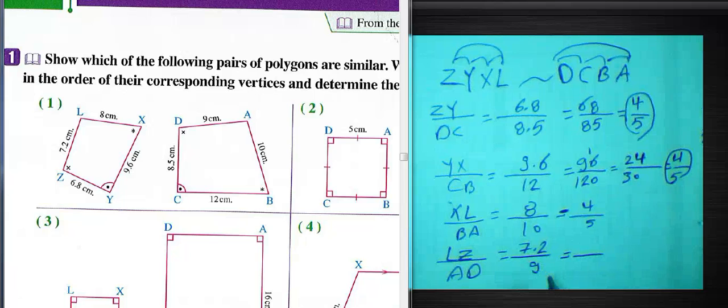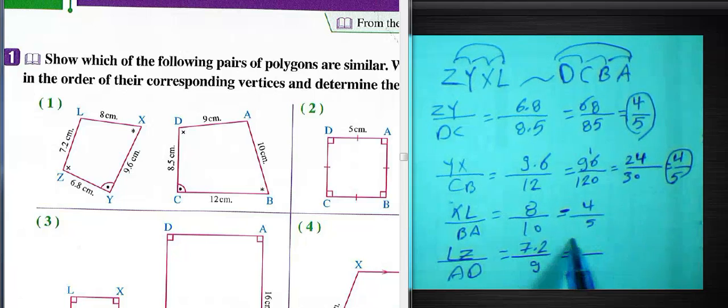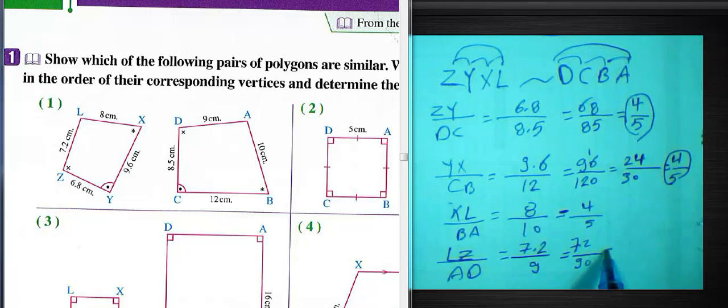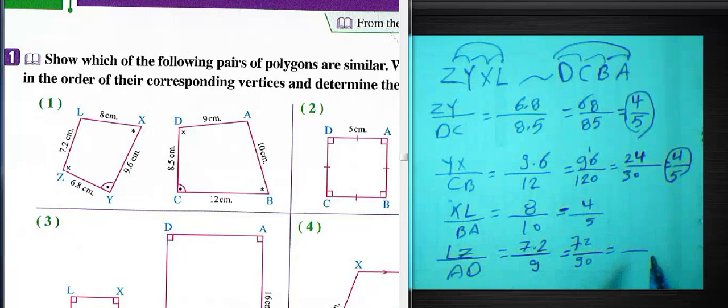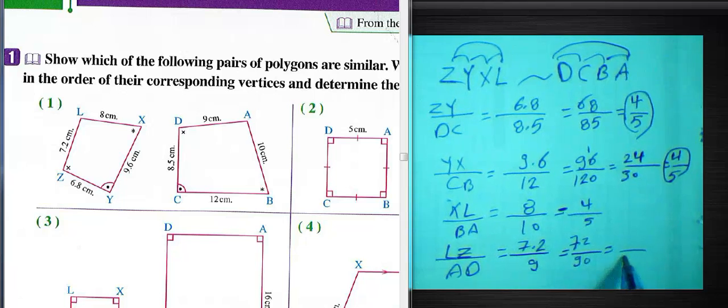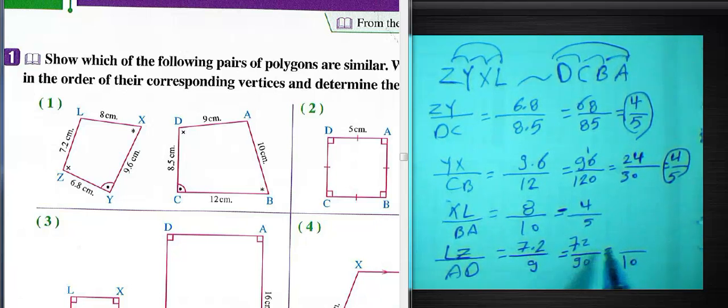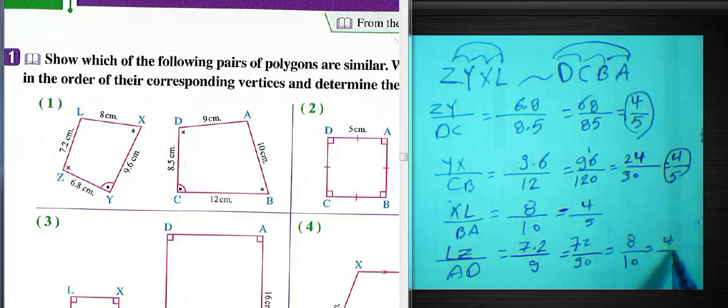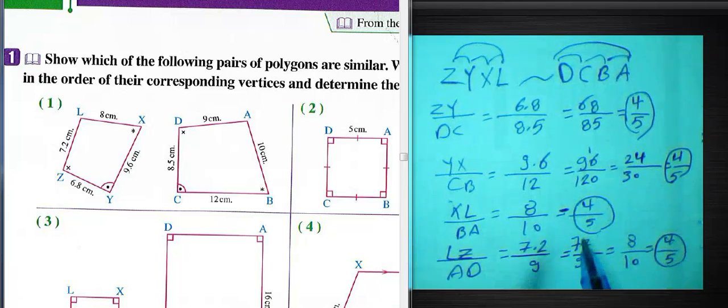We cancel the decimal point by multiplying by 10: 72 over 90. We can divide by 9: 72 divided by 9 equals 8, 90 divided by 9 equals 10, and dividing by 2 gives 4 over 5. You can use a calculator to find the result.